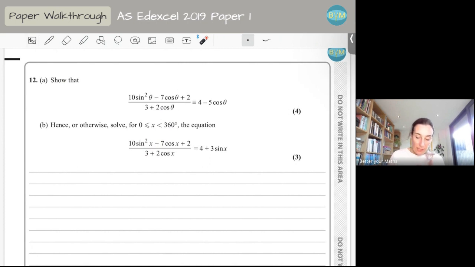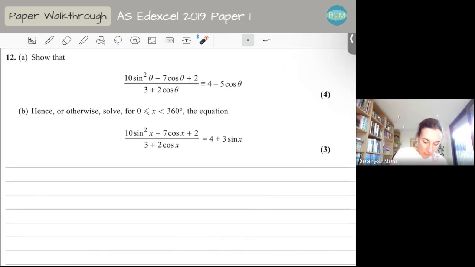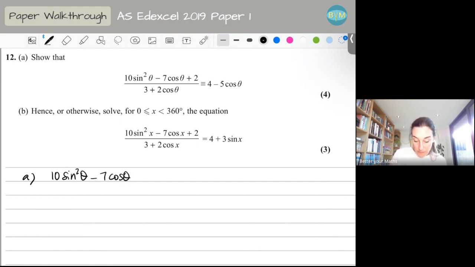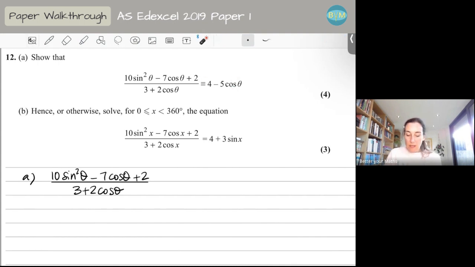Identity, 3 lines. I cannot move things right or left. I'm going to work with the left-hand side until I get the right, or with the right until I get the left, but don't move things around. Let's try with the left-hand side. So I have 10 sine, and always keep an eye on what you want to prove. So see how it looks to simplify things. Look, I have a positive, a negative, a cos.